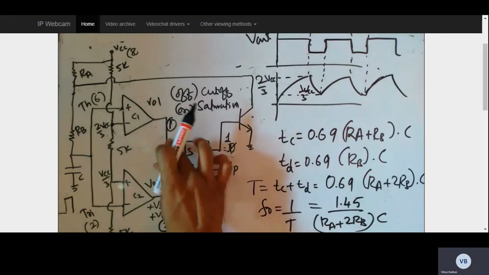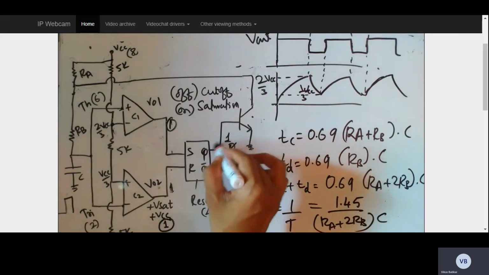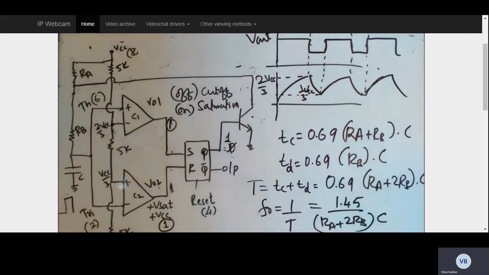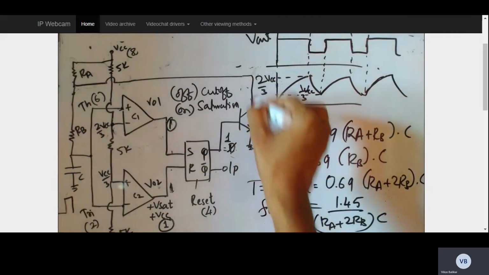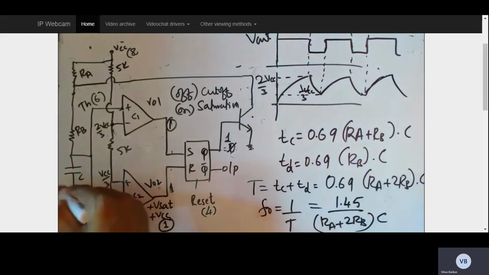This output 1 will ensure the output of the SR flip-flop to be 1, and that will ensure the transistor is in the on state, which is nothing but the closed switch, and because of which the discharging happens.